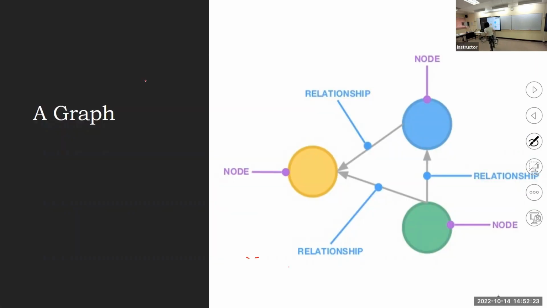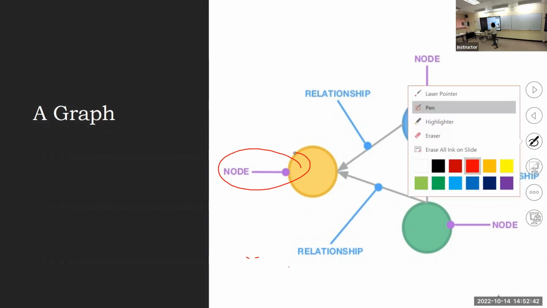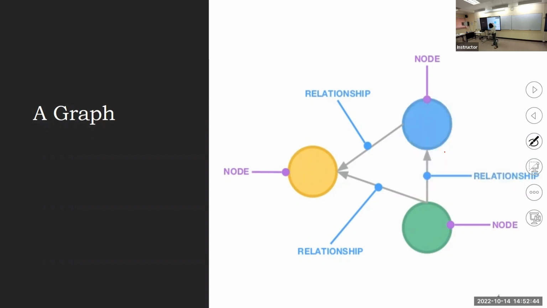With the graph structure, basically the basic elements within any kind of graph data structure include first a node. Node could mean any of these symbols, right? Here, this is a node. This is also a node. This is also another node in this example.